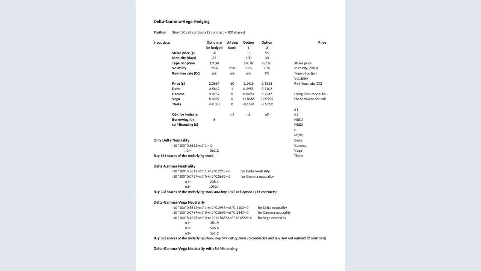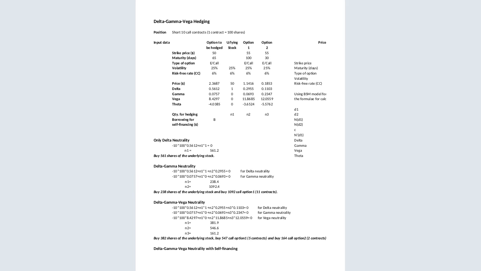Yeah, the current strike price is 50. I have forgotten to put the spot. The spot is also 50. The spot is also taken to be 50. So the strike price is there, spot, everything is there.